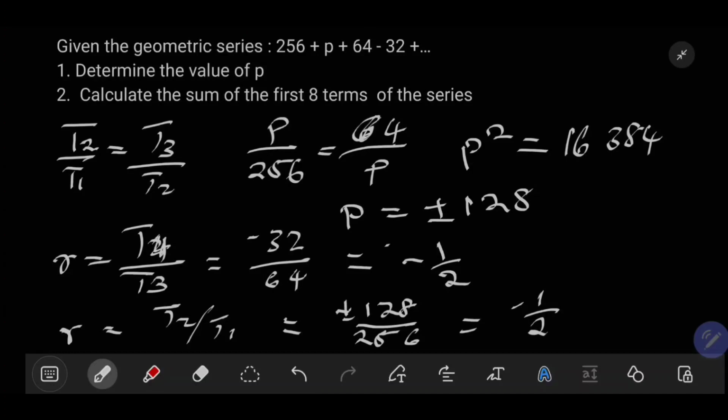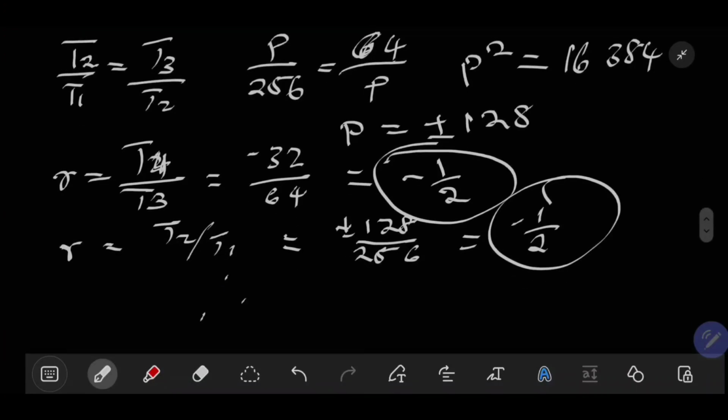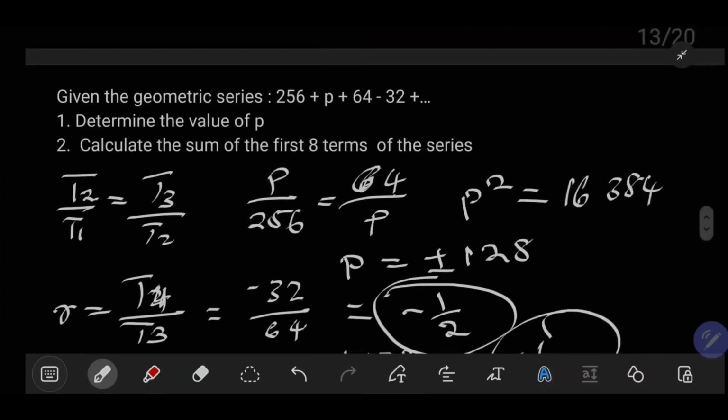We want our common ratios to be the same. So the value of p is negative 128, so that our common ratios are the same. We cannot have a positive common ratio between two consecutive terms and a negative one between other consecutive terms. It should be constant. So this is the value of p.